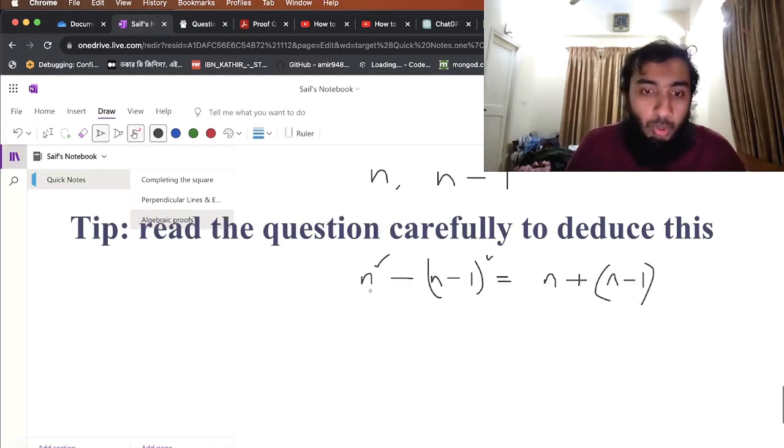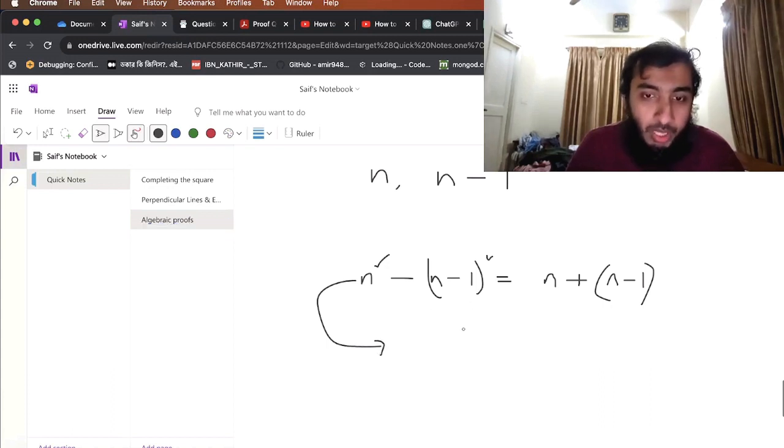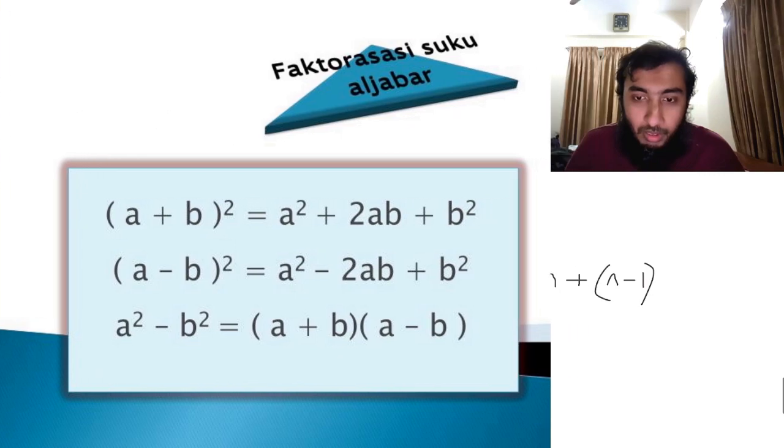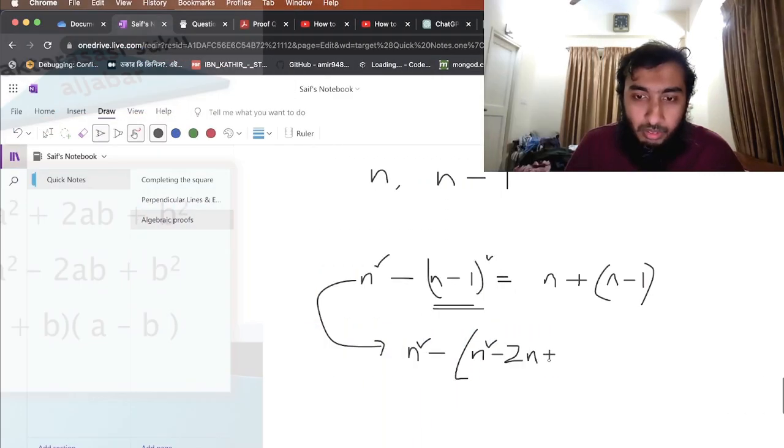So if you look at this term, what is this term? If we expand it with the formula for (a − b)², we get n² − 2n + 1.